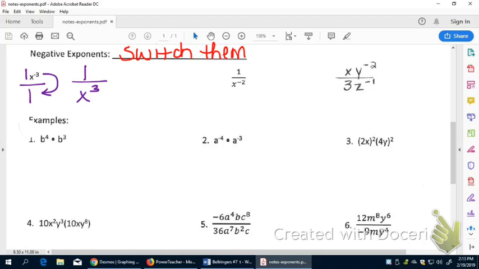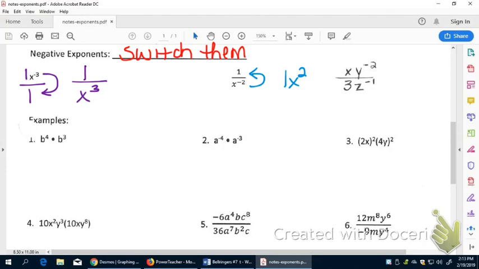Alright, 1 over x to the negative 2, that just means x to the negative 2 needs to go to the top. The 1 stays there because that's the coefficient, and you get x squared. On the bottom is just a 1 if you want to put it.